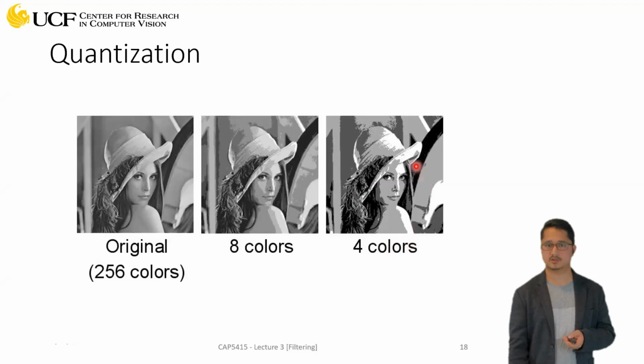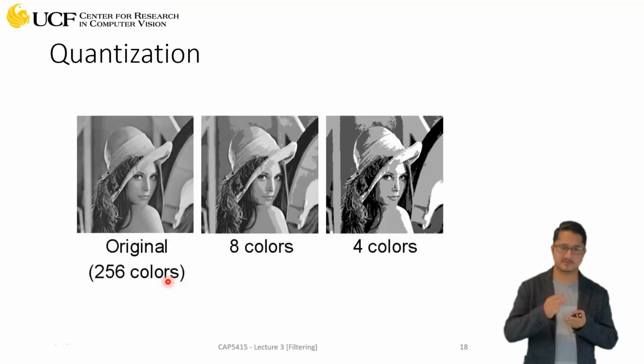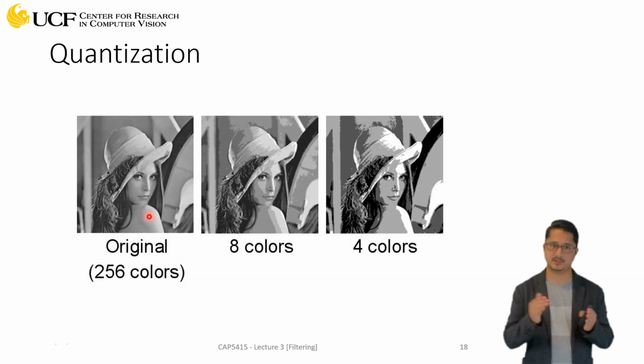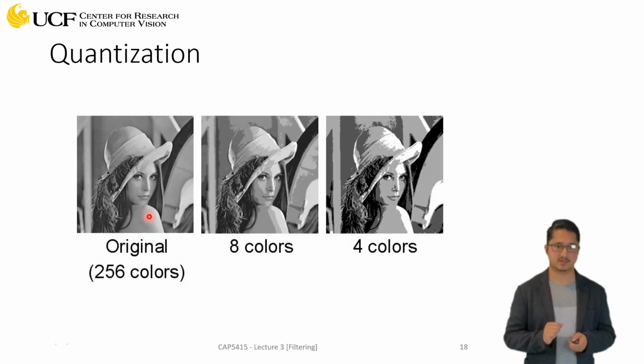For example, with just 4 colors, you're going to see something like this. And if your discrete steps are very close to each other, you will get a very high quality image. So these two are both part of digitization, but they correlate to different properties of your images.